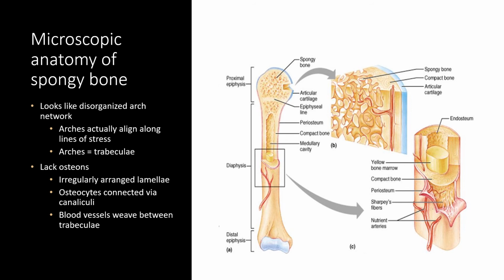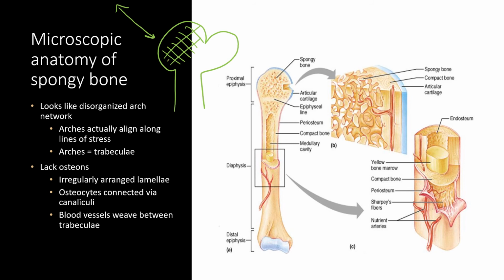So if you have a bone, again, super cartoony end of bone here, if you have a stressor that's pulling on the end of the bone this way a lot, you're going to have trabeculi that go in all kinds of different directions, but you're going to have more of them that are parallel to the stressor than perpendicular to the stressor, and that's going to help that bone resist the stress without breaking.